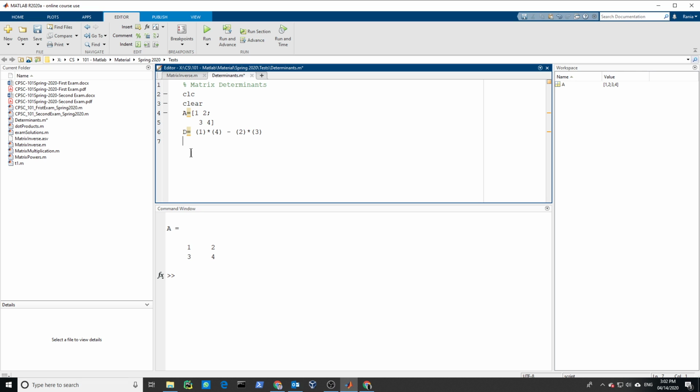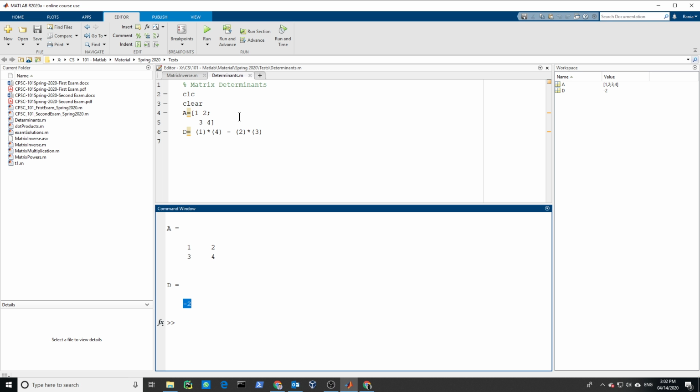That will give me the determinant of this matrix, which is minus 2.